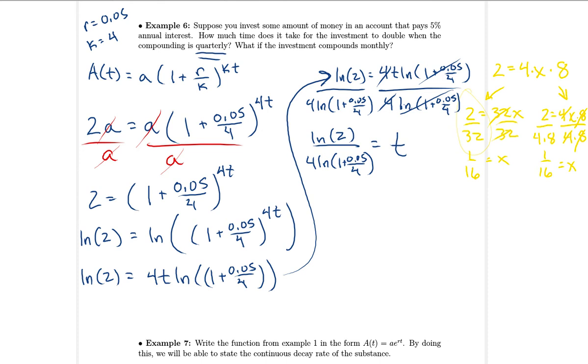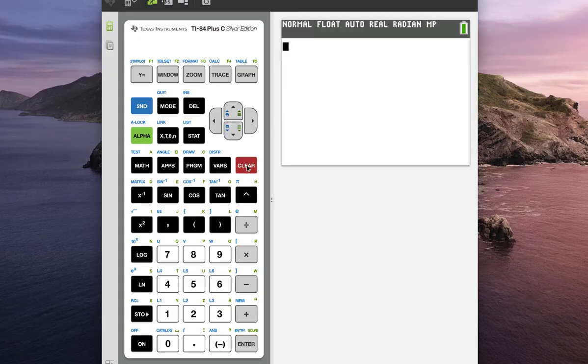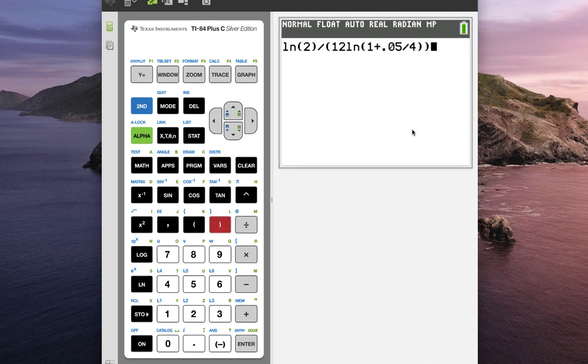This might be a good one for us to go ahead and take a look at our calculator on. So I'm going to get out of here, clear this. So typing in what we just discovered, we have the natural log of 2, but again, don't forget about what's in the denominator. So we'll have 12 natural log of 1 plus 0.05 over 4, and then close those parentheses off there.